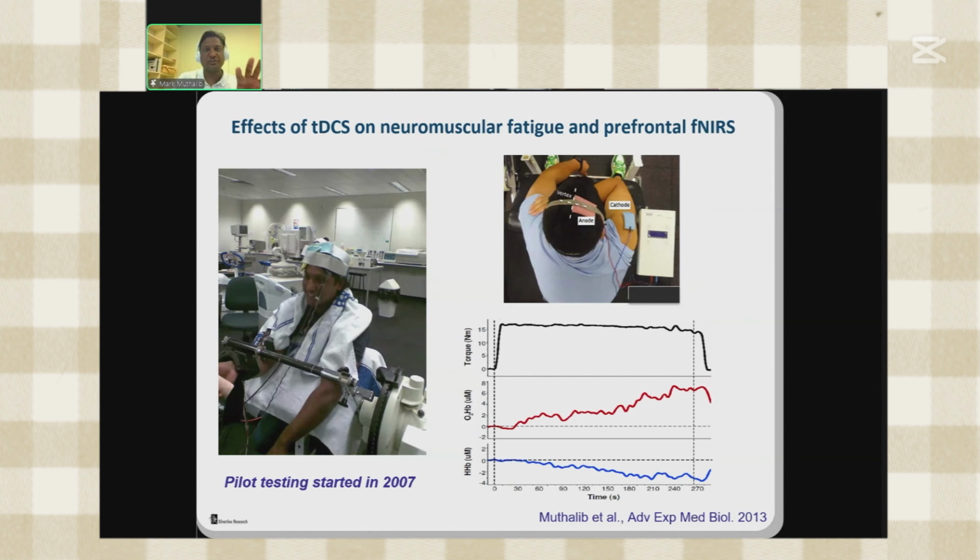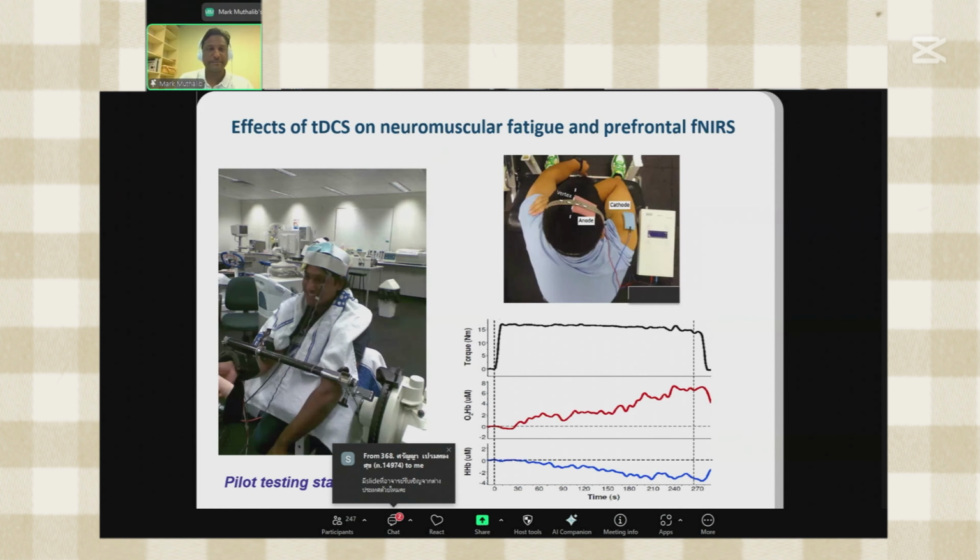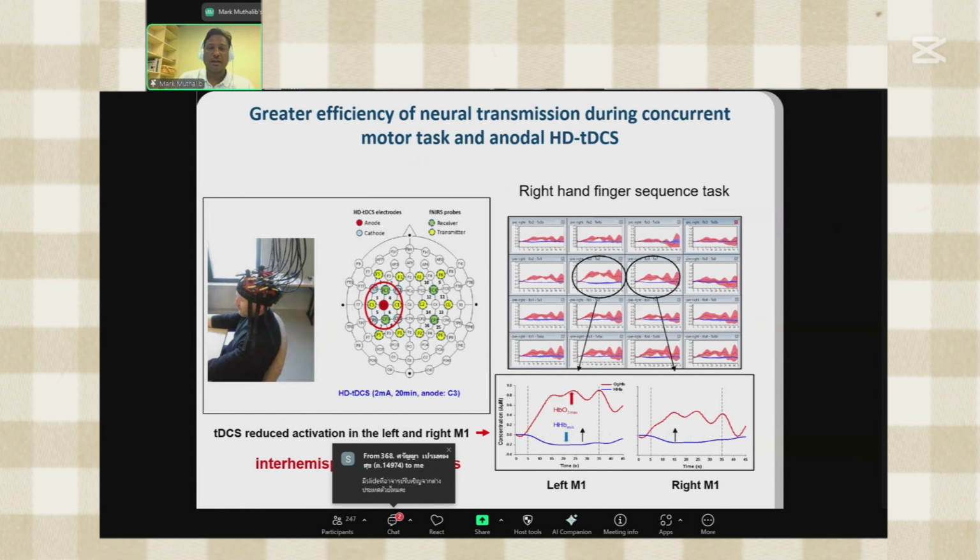So some applications of how tDCS can be used. We did some first experiments on neuromuscular fatigue. So we can use the NIRS signal to determine when somebody has reached a level of fatigue. The work in Montpellier, we looked at how we can see if tDCS can change the efficiency of neurotransmission.